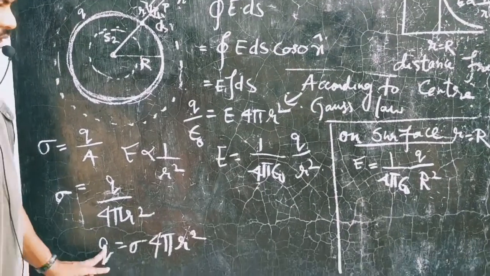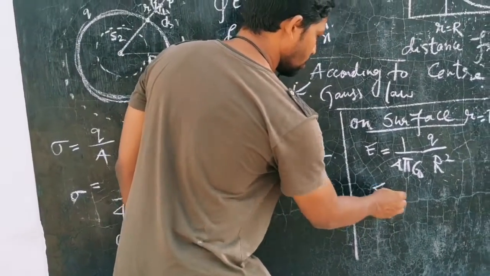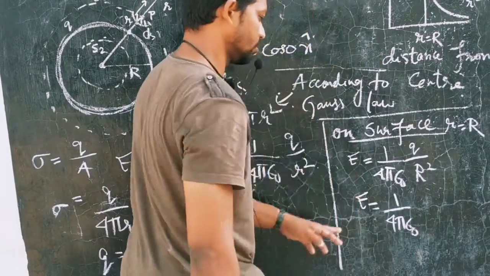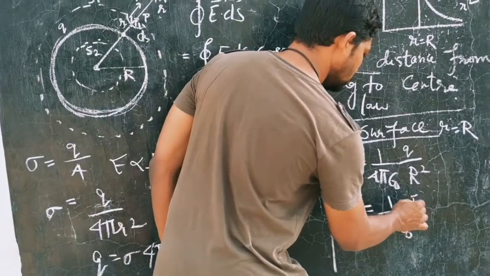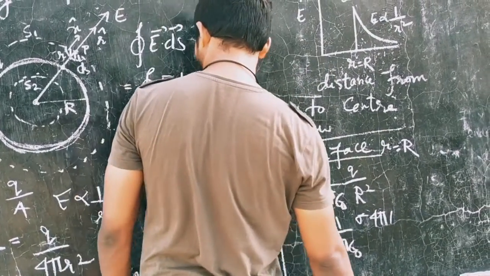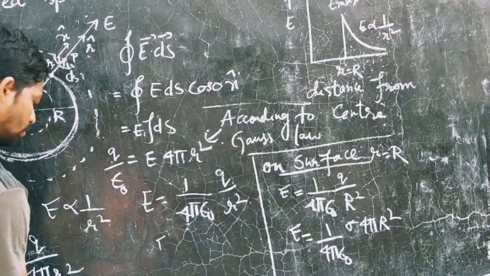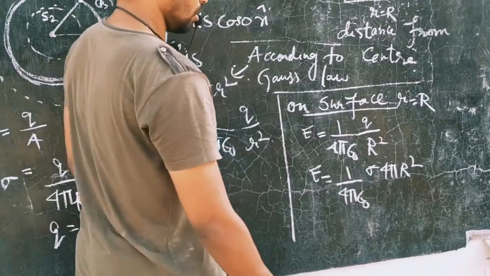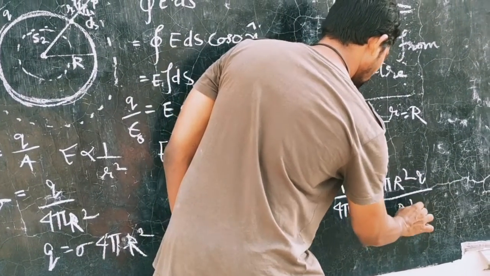This value we substitute here, so we get sigma 4 pi r square over 4 pi epsilon naught r square.